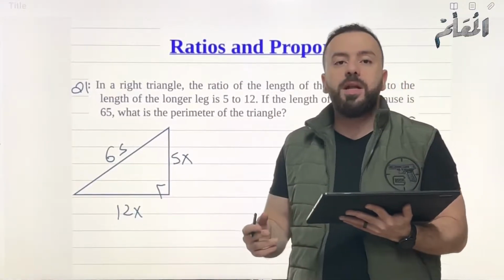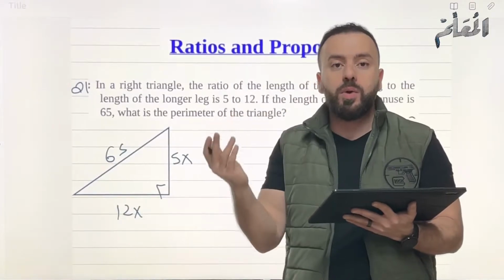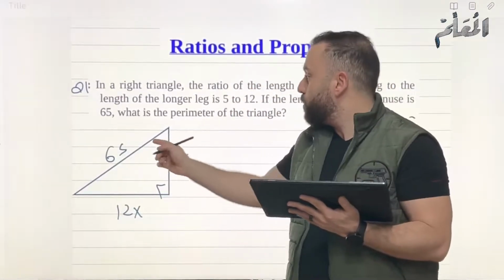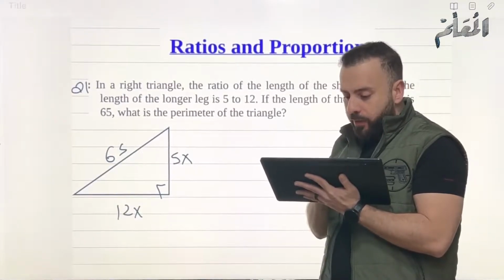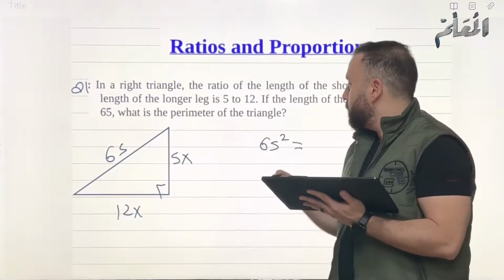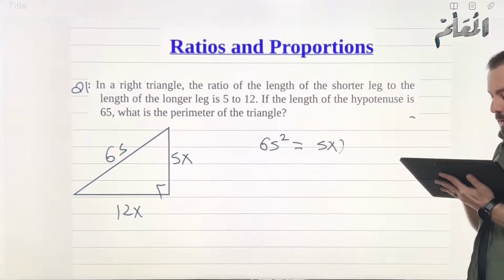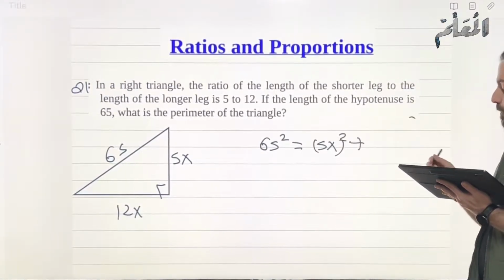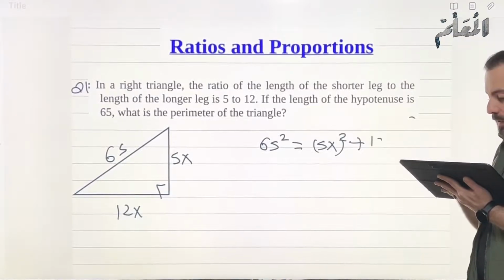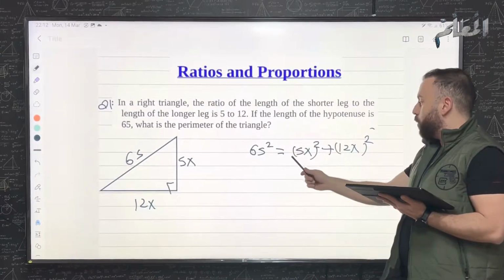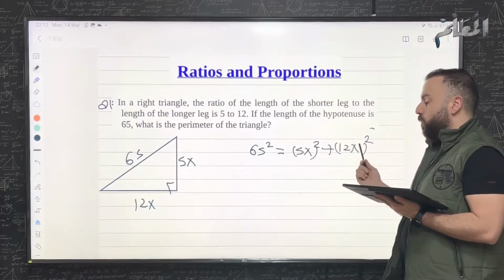Now what is the relation between the hypotenuse and the two legs? We all know the Pythagorean theorem, right? Which is 65 squared is equal to (5x) squared plus (12x) squared. So you remember the rule, c squared equals a squared plus b squared.